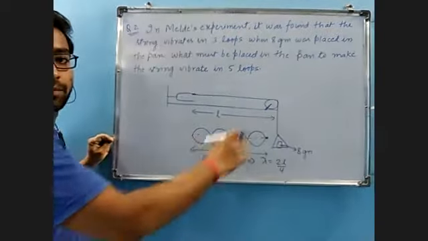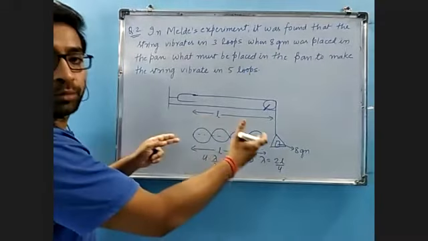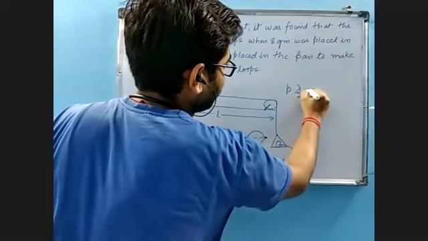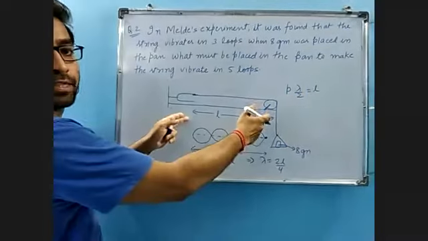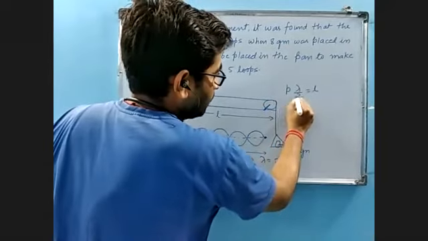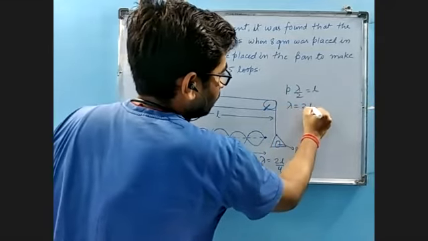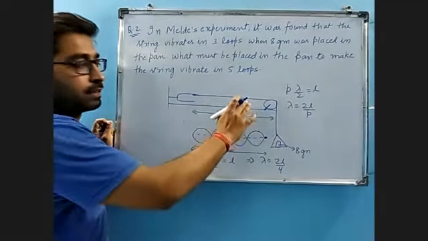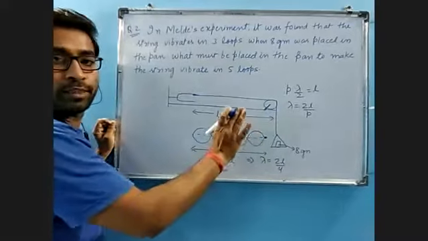Similarly, when it is making p loops, p times lambda by 2 will be equal to the length of the string forming the standing wave. So lambda will be 2L upon p, where p is the number of loops. So p times lambda by 2 will be equal to L.